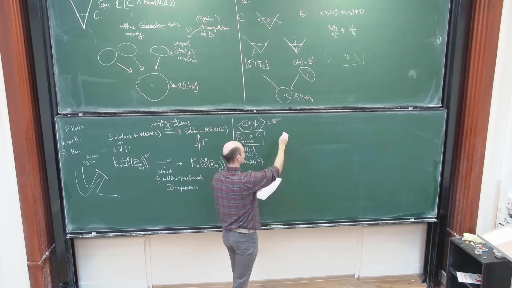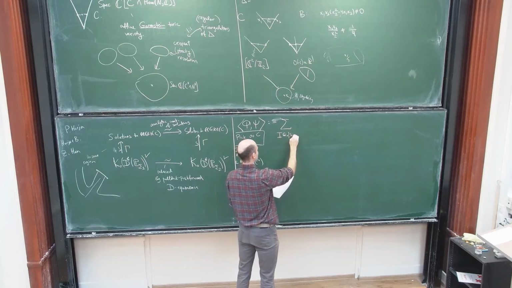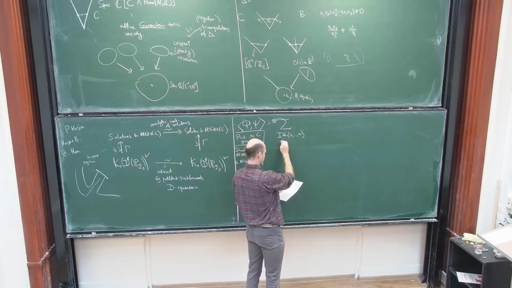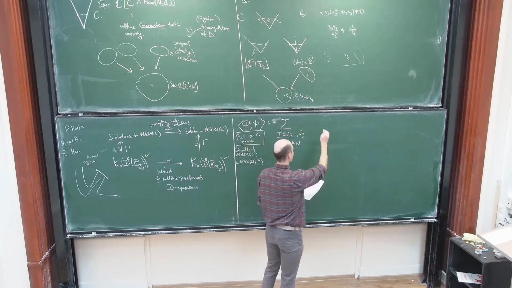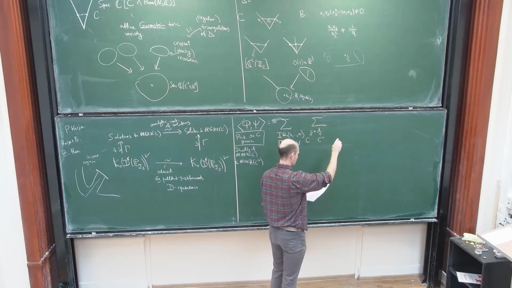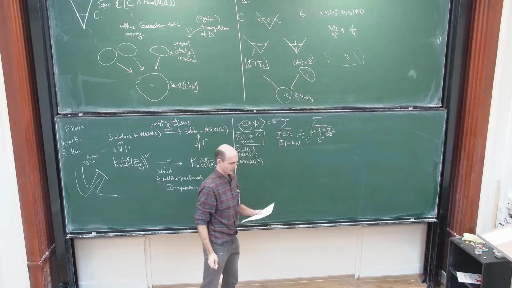And I'm going to define the following gadget. I'm going to look at the sum over all subsets of indices of size equal to the rank n, sum over c in one cone, d in the interior lattice points, which add up to the sum of those v_i's, the generators.